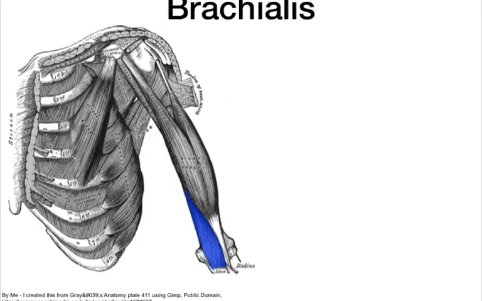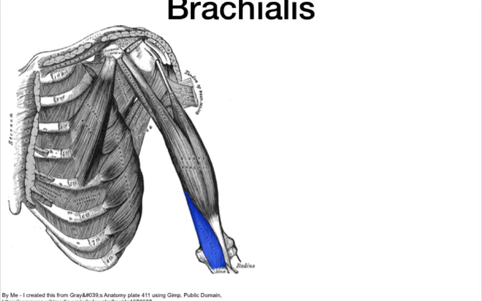Now, some anatomists argue that the biceps brachii is really not the best forearm flexor. In other words, some people argue that it's the brachialis, the muscle that we're looking at here, that is the main prime mover for elbow flexion. We're going to say for this lab that both the biceps brachii and the brachialis can function as agonists for flexion of the forearm, or you could say flexion at the elbow.